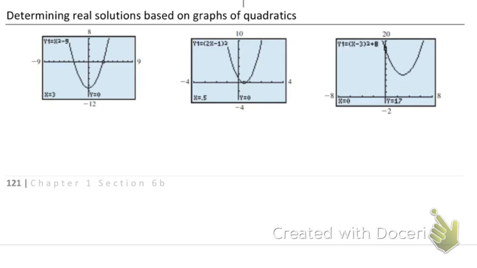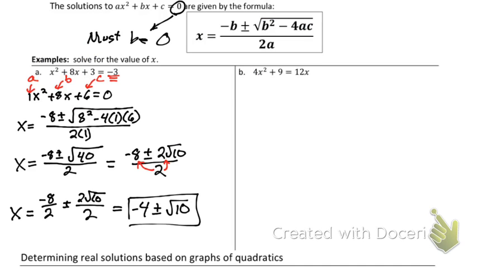Graphs of quadratics. Remember, a quadratic is a U, parabola-shaped graph. How are you going to determine what your real solutions are based upon a quadratic graph? When you are solving, I'm looking for ax squared plus bx plus c equals 0.